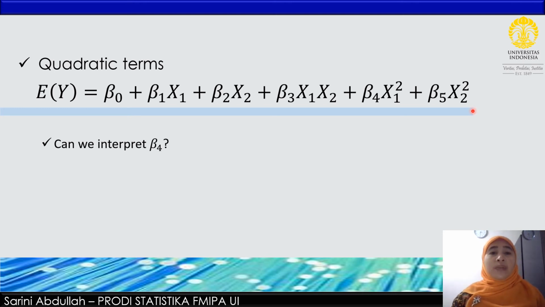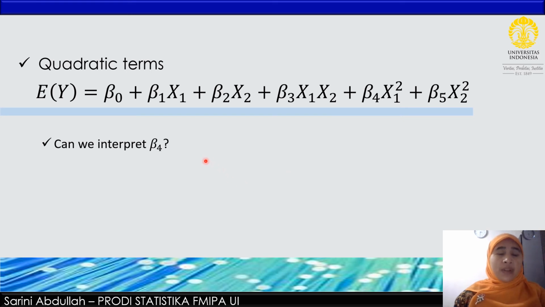Like in the interaction model, we cannot interpret beta 1 or beta 2 separately, because the effect of one variable depends on the value of the other variables. So it makes sense that similar problems arise for the quadratic term.